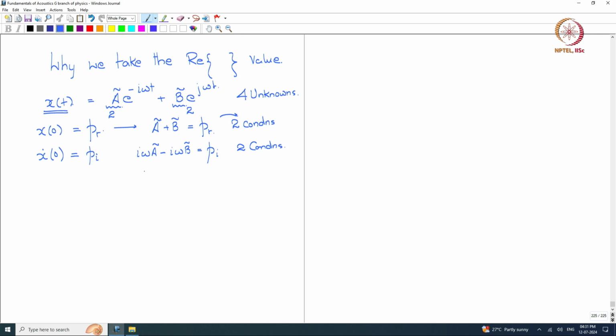I get a tilde plus b tilde is equal to p r, and I also get a tilde is equal to b tilde minus I p I by omega. Get both of these. Then if I put this in here, what do I get?